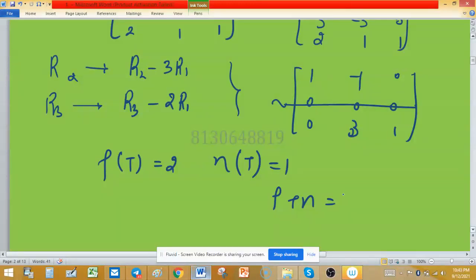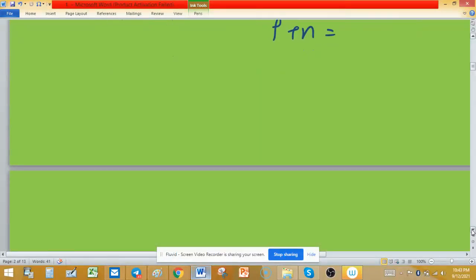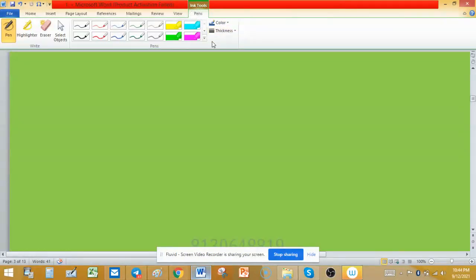Now this is the second method, and the third method is sometimes convenient for finding the rank and nullity of a linear transformation. Nullity is the dimension of the null space, so using the nullity concept I can find the rank also.